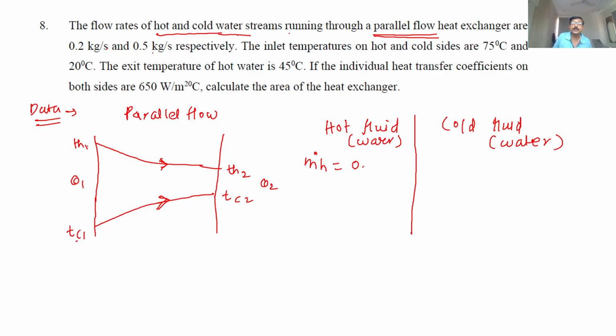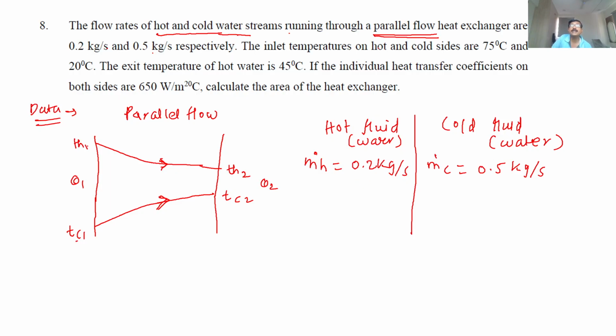So it is 0.2 kg per second, that is given. And m dot c is how much? It is given as 0.5 kg per second. Already it is in kg per second. If it is in kg per hour or kg per minute, you need to convert it to kg per second.